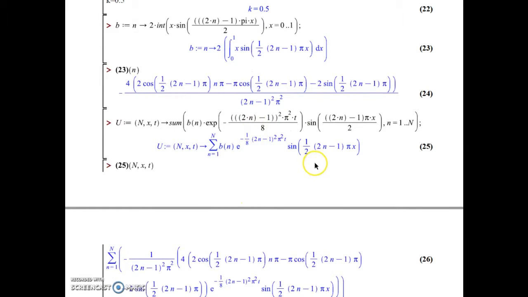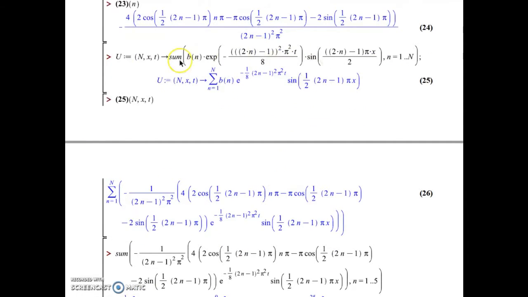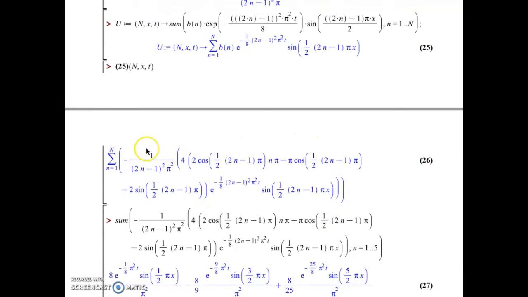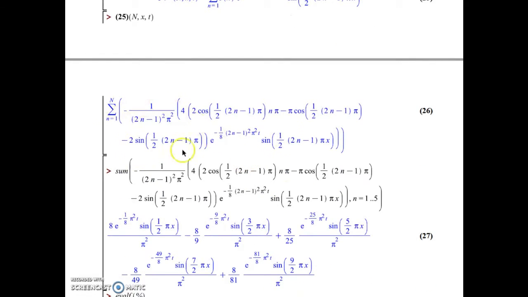After that, we'll evaluate this equation. After evaluating this equation, we will get this. This is the summation of the whole equation. I type summation, bracket, the whole equation, for n from 1 to 5.